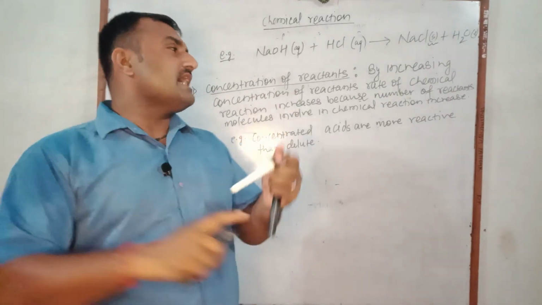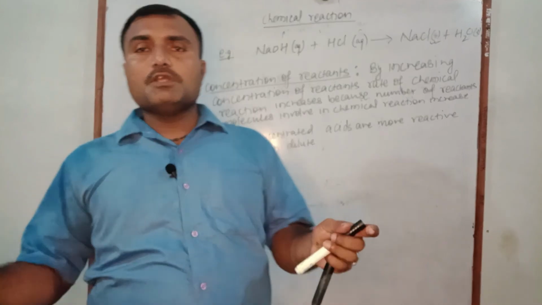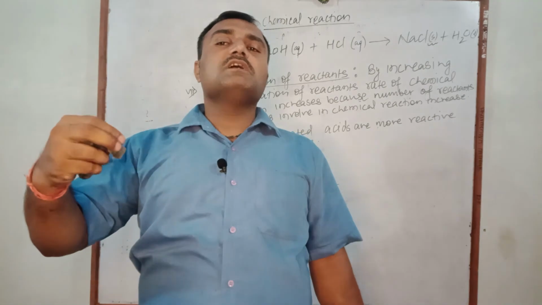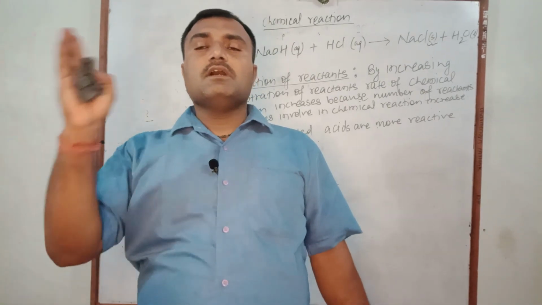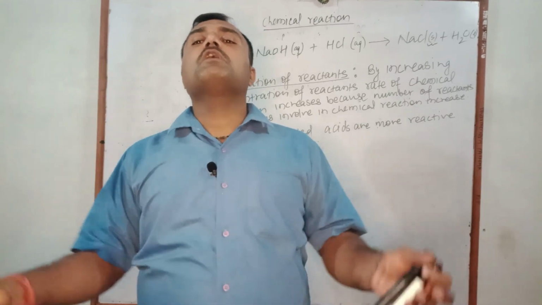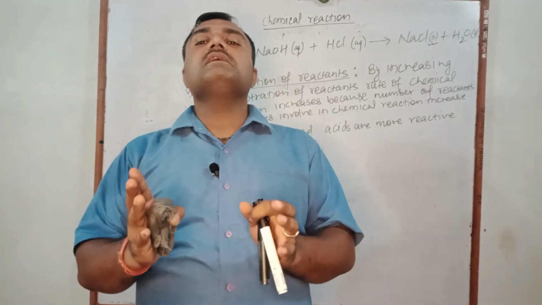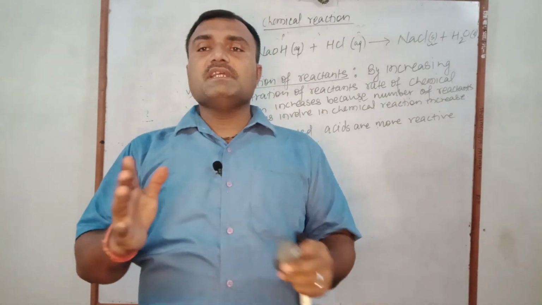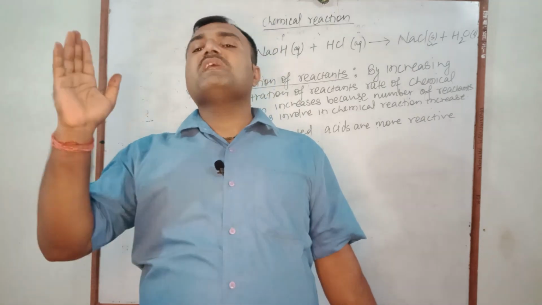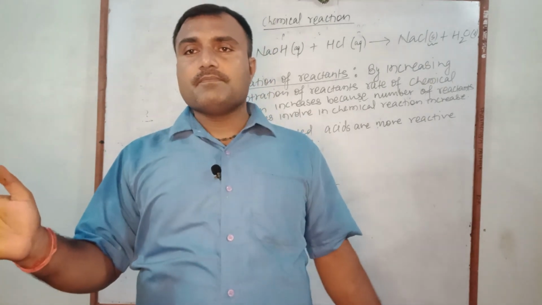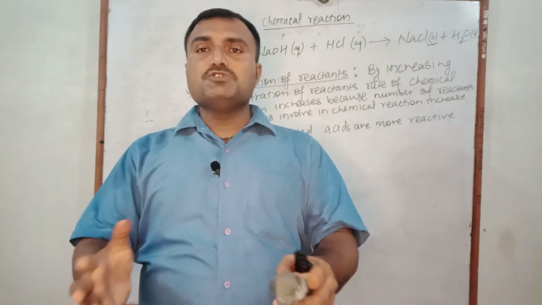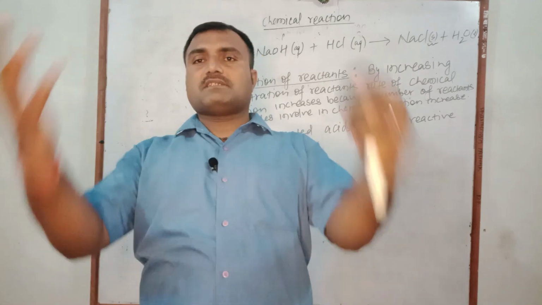In any type of chemical or reactant molecule, when the number of reactant molecules increases, its concentration is considered to increase. And in such condition, the rate of chemical reaction increases because more reactant molecules take part in the chemical reaction. As for example, by increasing concentration of sodium thiosulfate and hydrochloric acid, the rate of chemical reaction increases. By adding these two, we found that the reaction becomes faster.